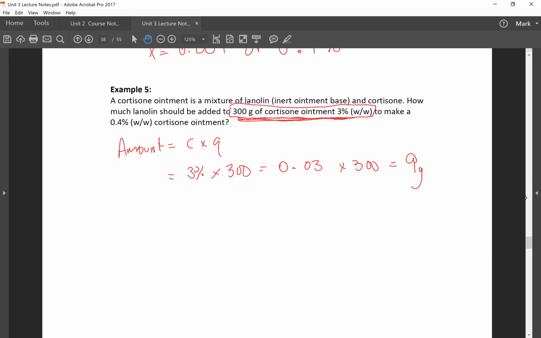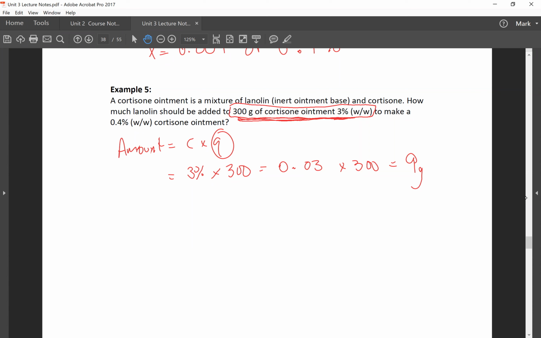Now, I'm trying to figure out how much lanolin, how much of my quantity should be added to make this a 0.4% solution. I'm trying to think of how to word this in a way that it's simple.